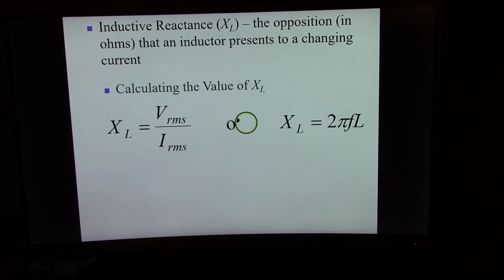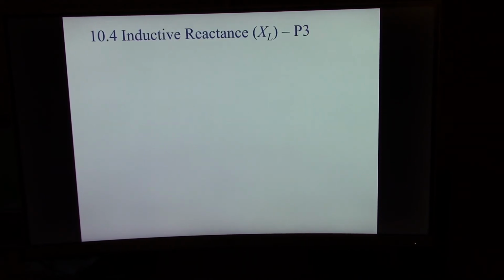Now the only different one is this formula, which says 2 pi F L. So 2 is a constant, pi is 3.14, F is the frequency, and L is the inductance value. So it's not the same thing as Ohm's law, obviously. So we'll talk about how we calculate this.